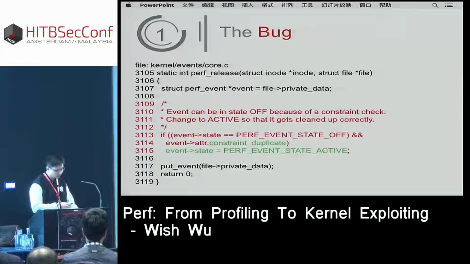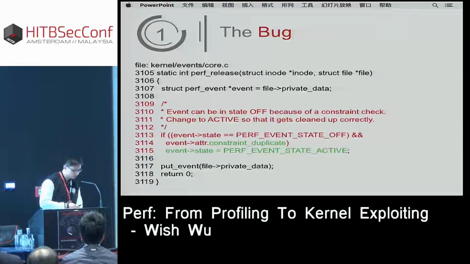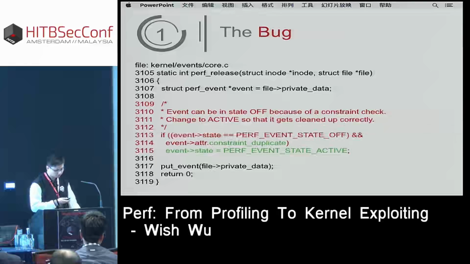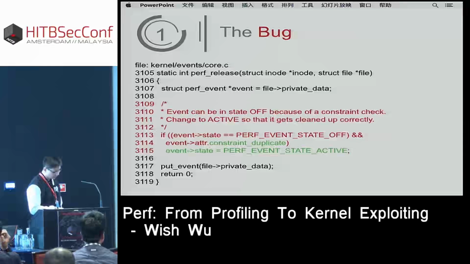Here is the bug-related source code. The red lines are added by Qualcomm or Google. Google's variable constraint_duplicate is added into the function perf_release. perf_release is connected to the close system call.